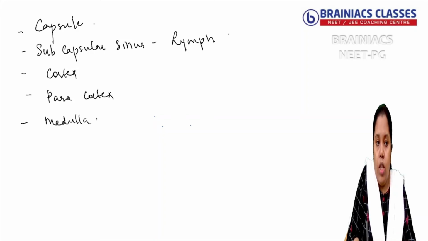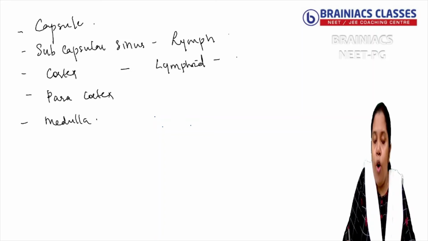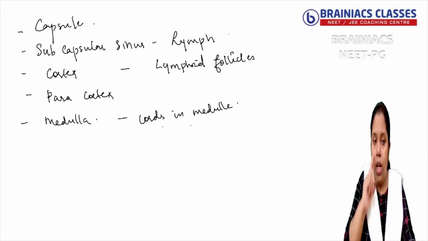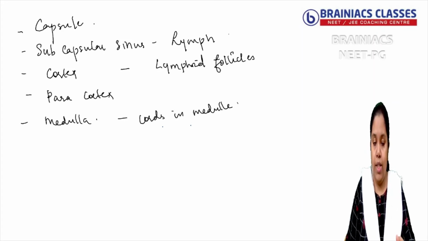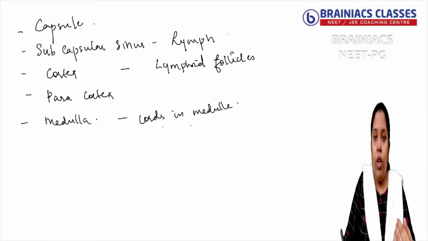The lymphoid tissue is arranged in the form of lymphoid follicles in the cortex, whereas it is arranged as cords in the medulla. This is about the lymph node.